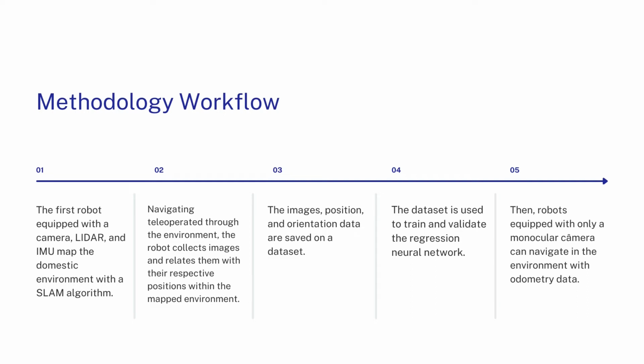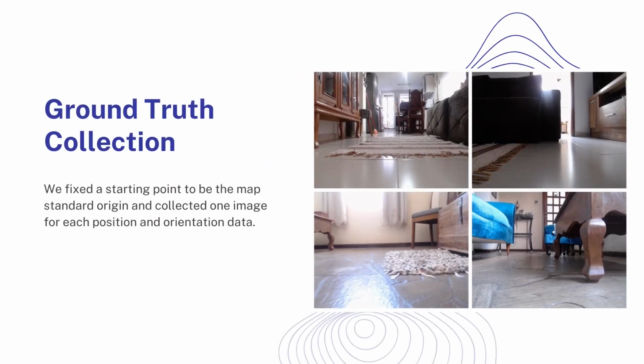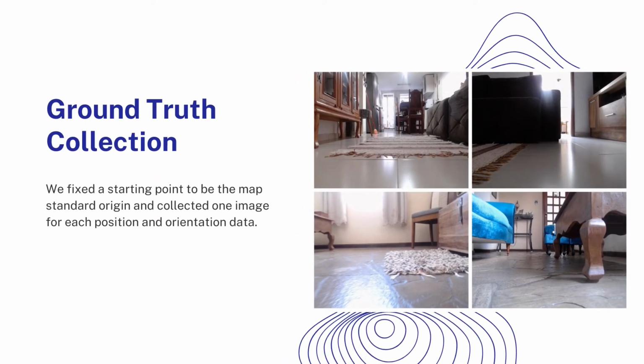This data is used to train a neural network to relate the images with a given position in the mapped environment. We do this so that multiple robots equipped with only a monocular camera can have odometry inside this environment. We collect this ground truth by fixing a starting point for the robot and teleoperating the robot through this domestic environment, and we get the data for the neural network.